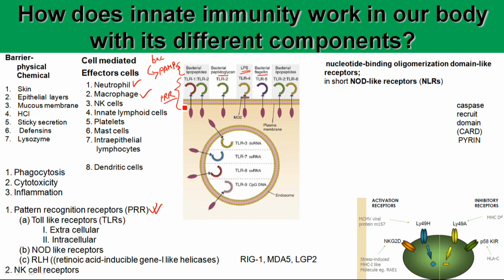There are at least 3 types of this pattern recognition receptor. Those are toll-like receptor, node-like receptor, and RIG-like helicase. The toll-like receptors are categorized into extracellular and intracellular. And at least 13 types of murine TLR and 10 types of human TLR are discovered nowadays.